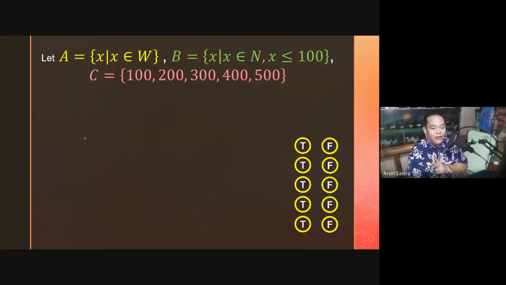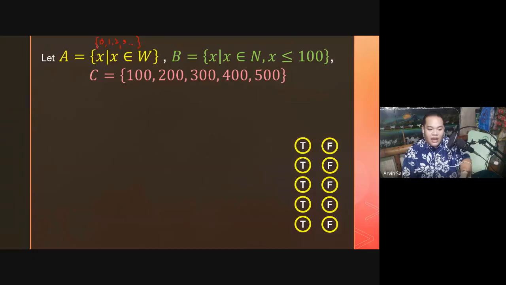Okay, B. B is X such that X is a natural number, meaning nag-start og 1, wherein X is less than or equal to 100.